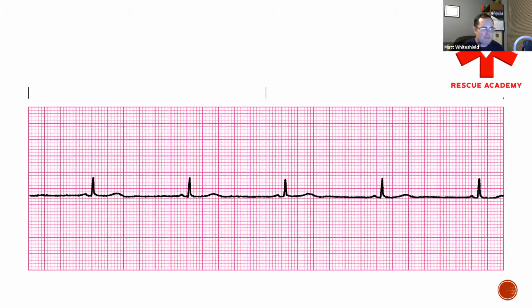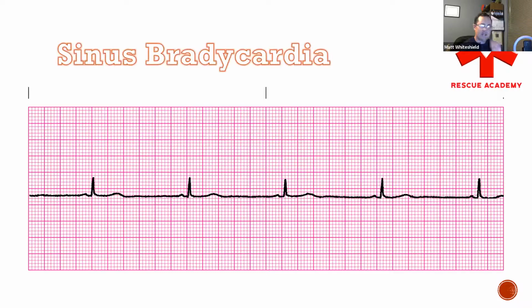I got upright P waves. I got narrow QRS complexes, right? But the distance between my R to R changed. If we use our 6-second method, we see that we have a heart rate of 50. We're looking at sinus Brady.